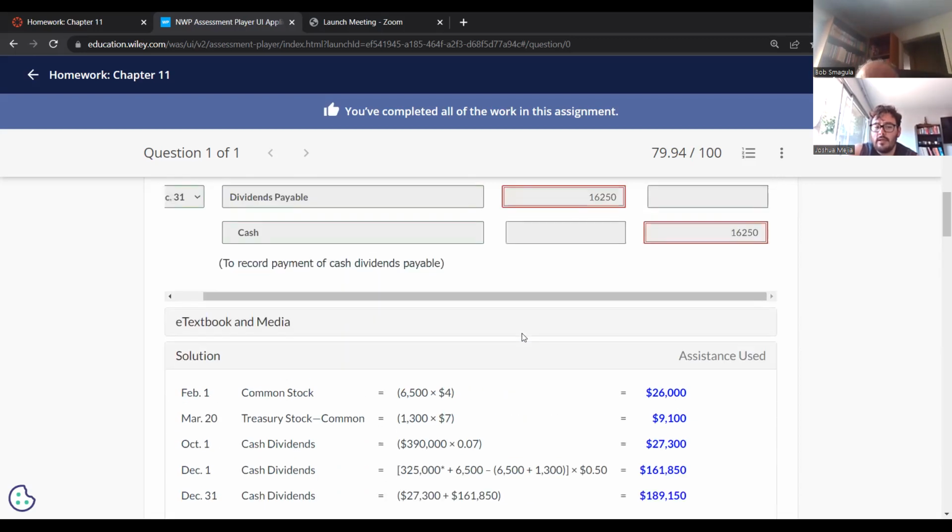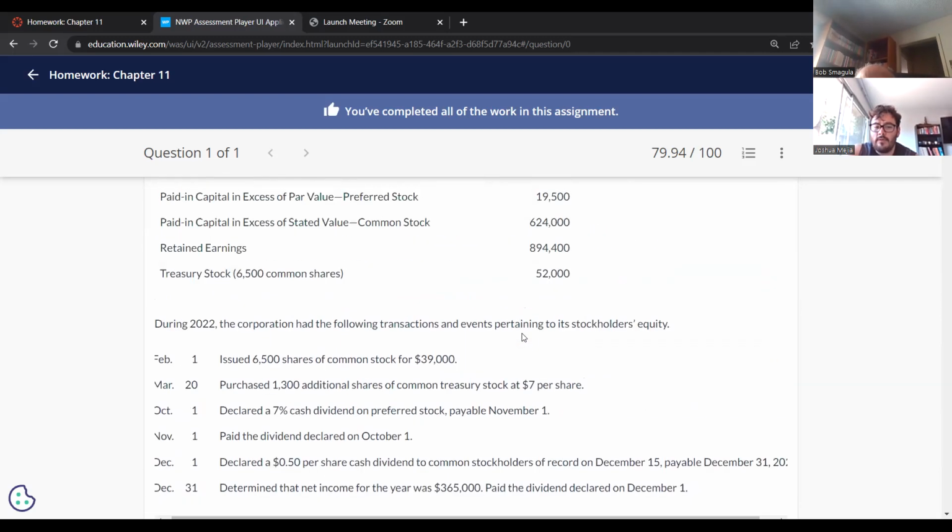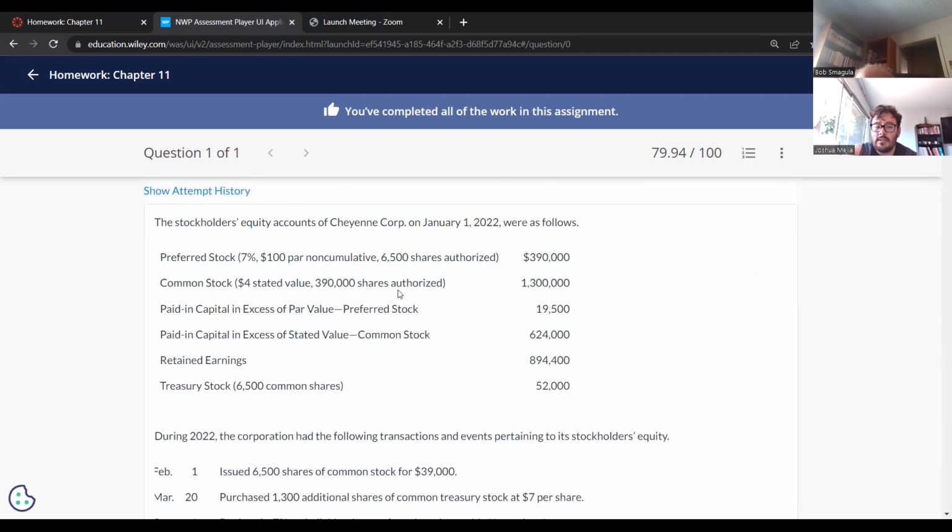But what I understood from this up here was that these are two separate things. The 325,000 common stock, they were already issued, they're outstanding basically.